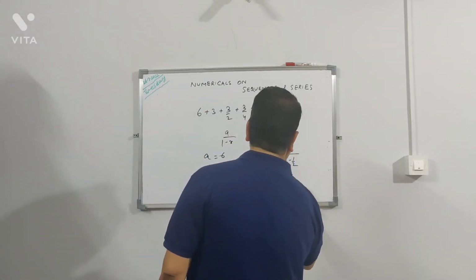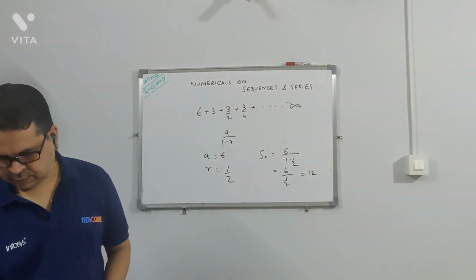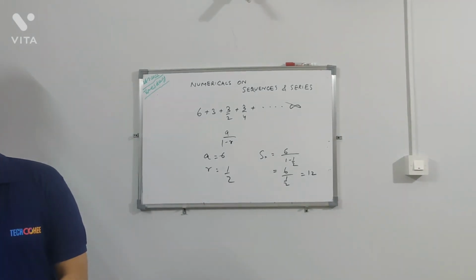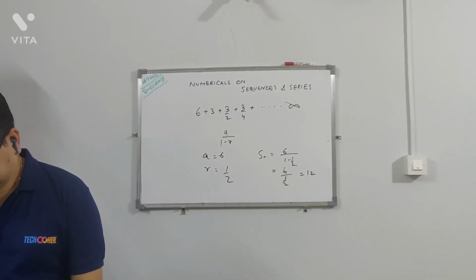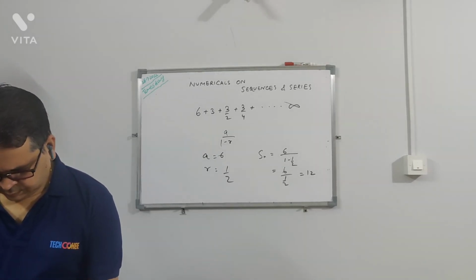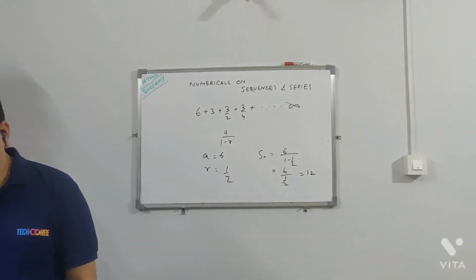So 6 by half is equal to 12. So the answer is 12. Just remember it is a by 1 minus r. That is the infinite series in GP. Yeah, 12 is the answer.